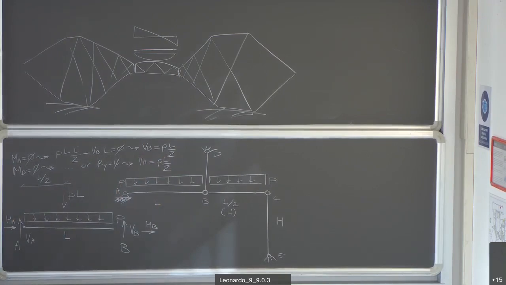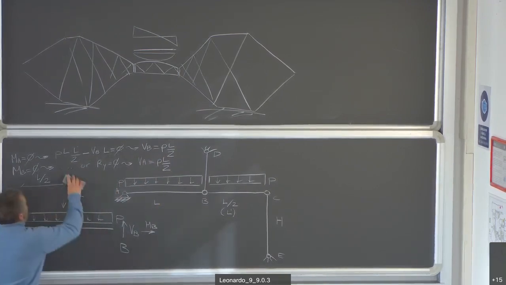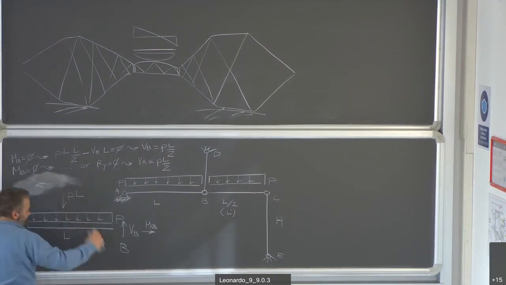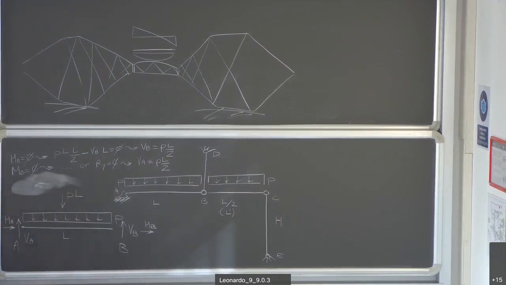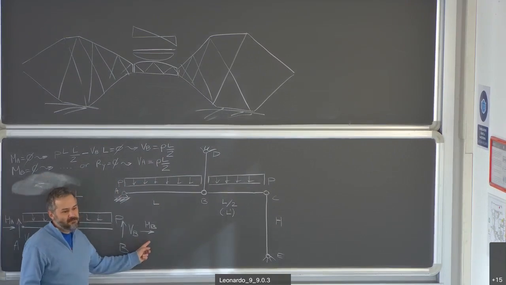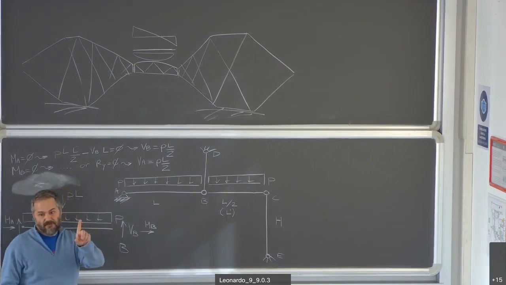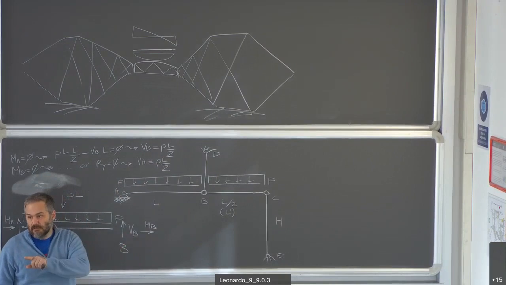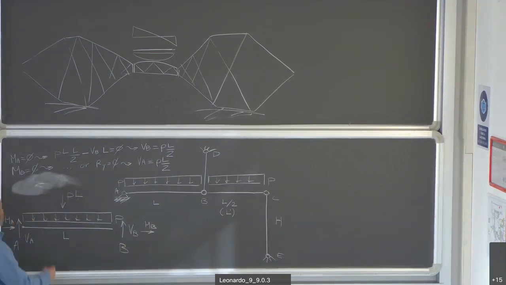And then, what do I have? Here comes the difference. If I have HA here and HB here, and I have only one equation left, which is horizontal equilibrium, the only thing I can say is that HA plus HB is equal to 0.